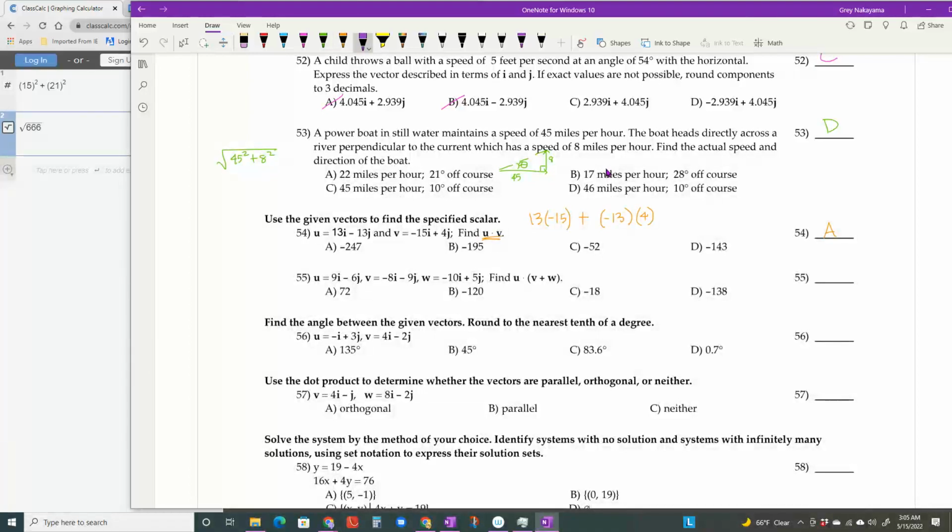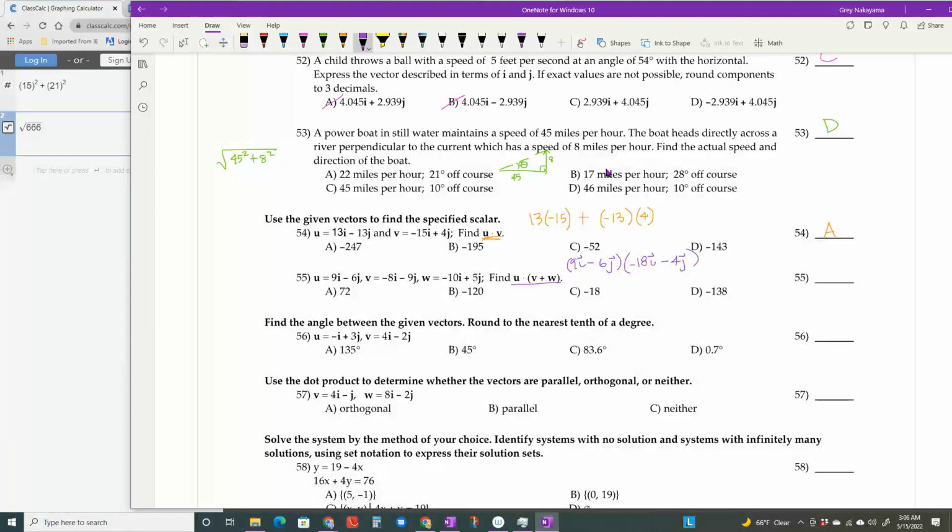55, U dot V plus W. So I've got to find out what U is, I'll do this for you. 9i minus 6j dot, and then V plus W, so that's negative 18i minus 9 plus 5 minus 4j.